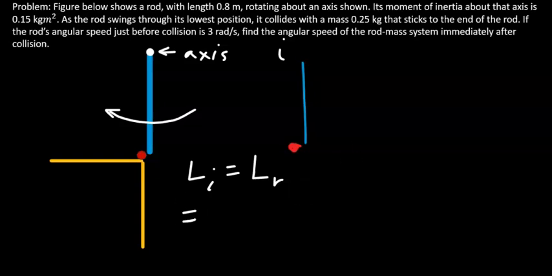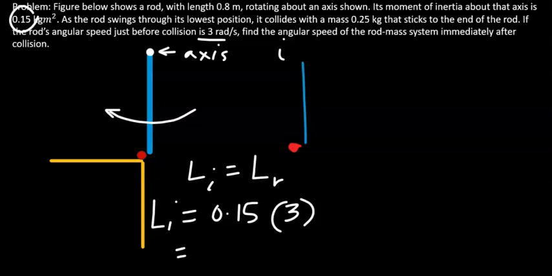The angular momentum of that rod is the moment of inertia of that rod, which we know is 0.15 kg·m², times the angular speed just before the collision, which is 3 radian per second. So there we have it. The initial angular momentum of the system is 0.45 kg·m² per second.